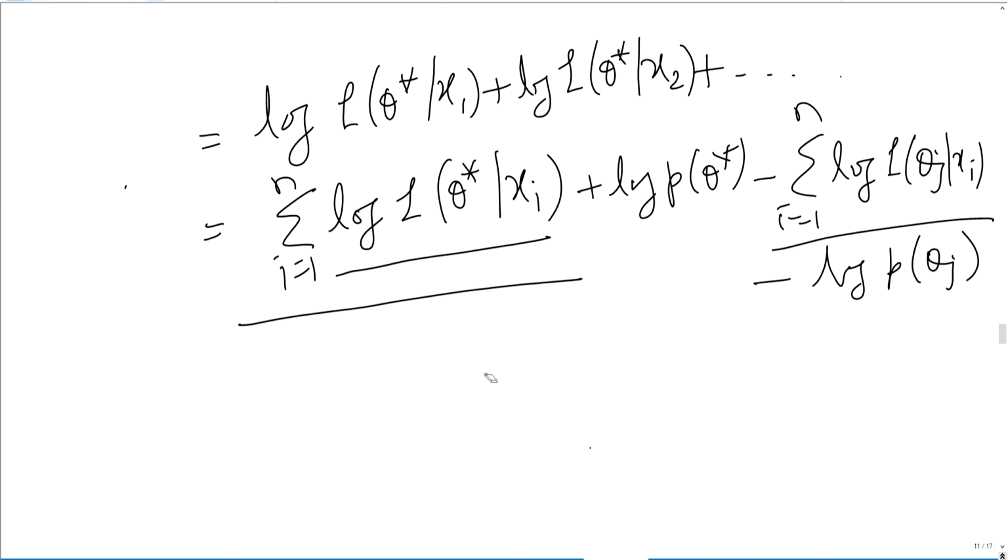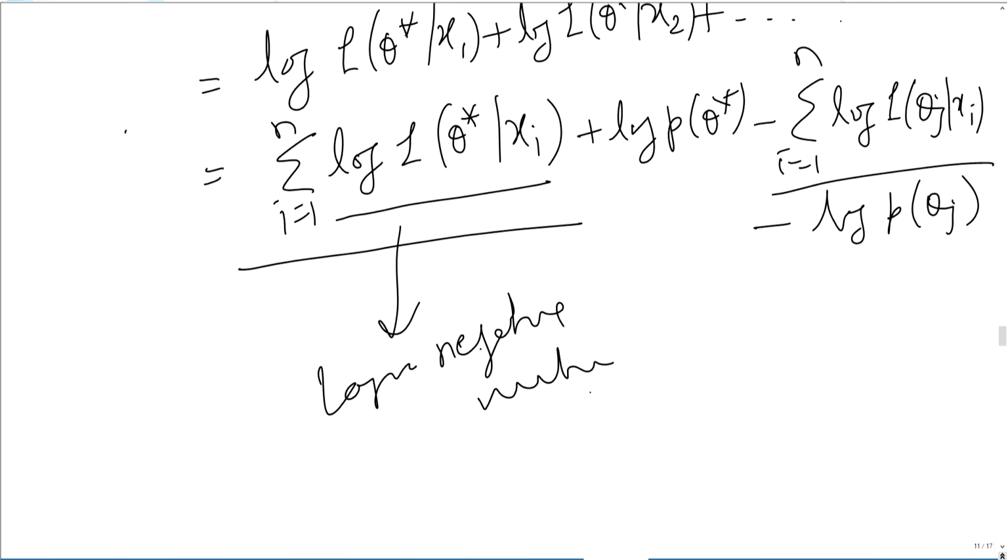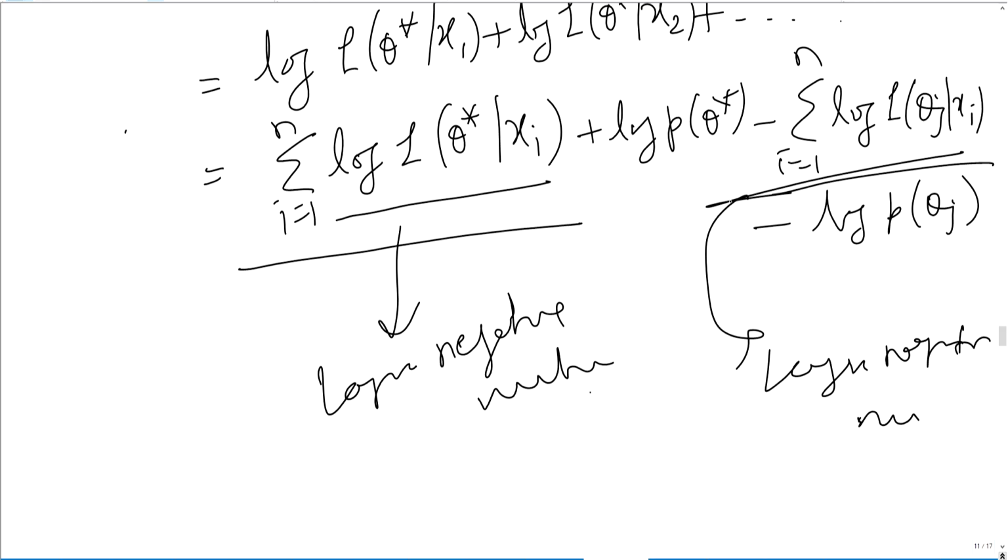So, what this will end up giving you is a large negative number, but it won't be in the range of, let us say, 10 to the power 500 or so. It would still be in a reasonable range. This will also give you a large negative number, and we are basically subtracting this large negative number from this one.